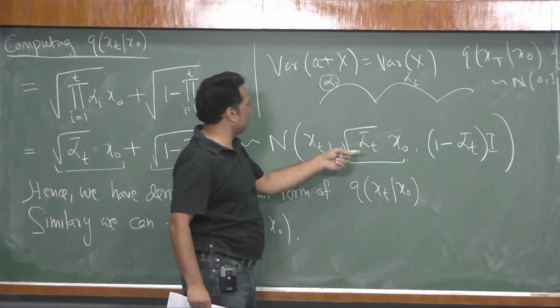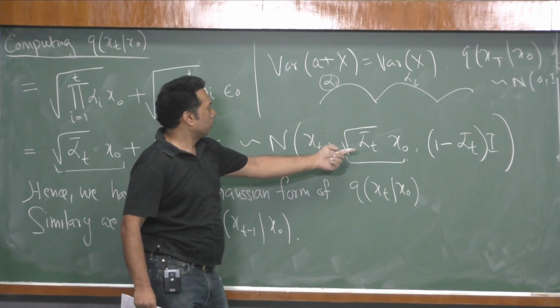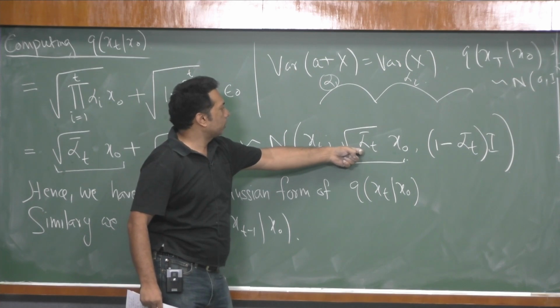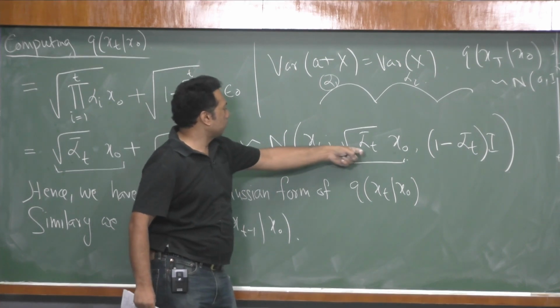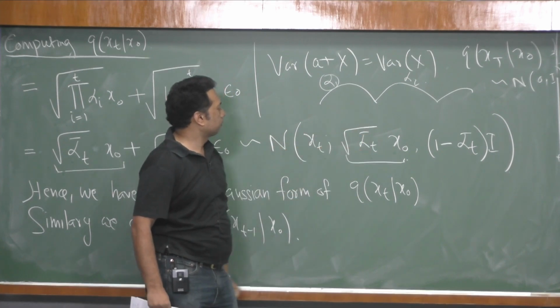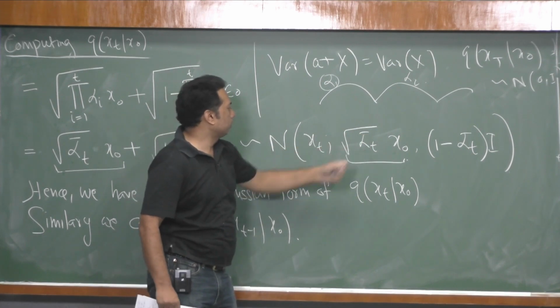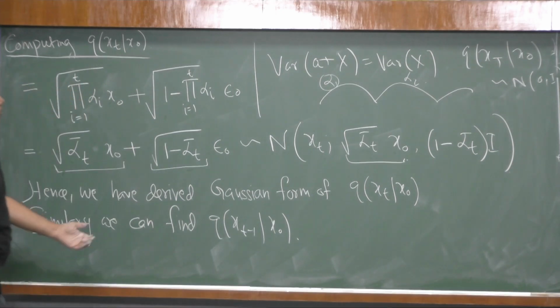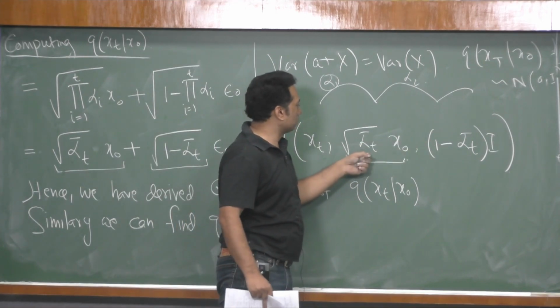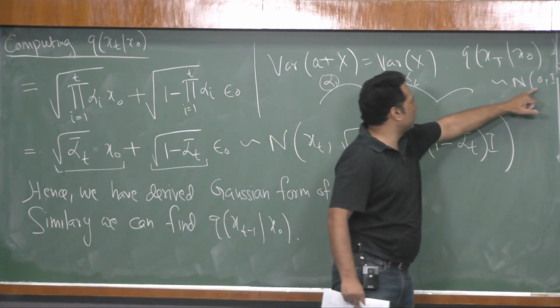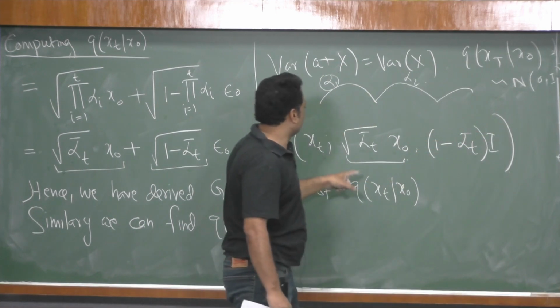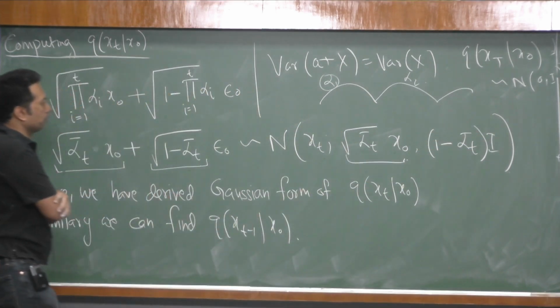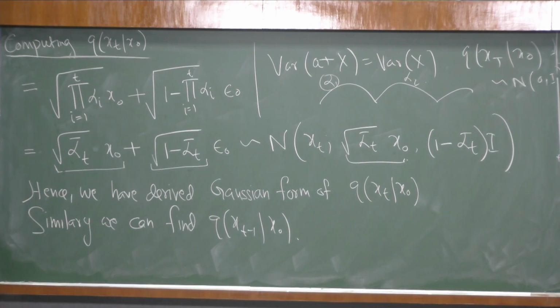So from here you can maybe make some guesses, right? If you choose alpha t to be constant, it may not work, because at capital T, if these guys stay constant, then you are not producing a zero mean, right? Obviously we will get into more details of how these hyperparameters are chosen. But one thing to keep in mind is they are chosen in a way that this guy becomes identity and this guy becomes 0. For the moment I will say that, but there is a good amount of discussion we will do on this.